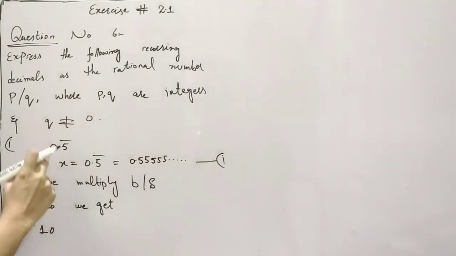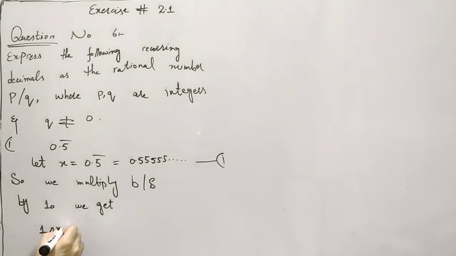Now multiply this by 10. This is equal to 10x, and this will be equal to 10 into 0.5555 and so on. So 10x is equal to 5.555 and so on.